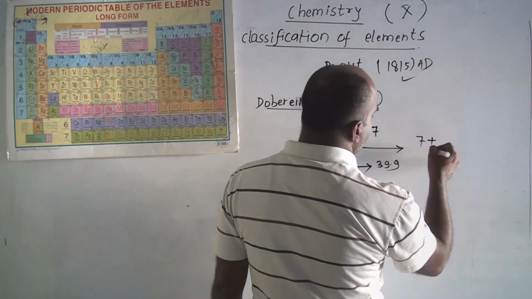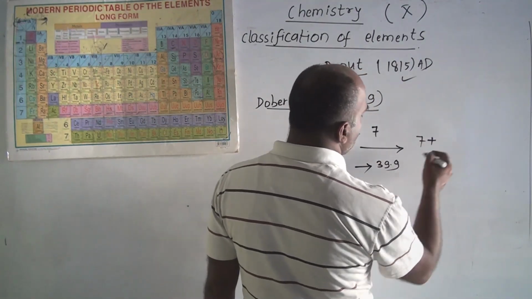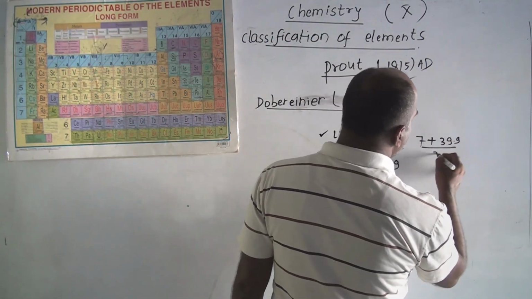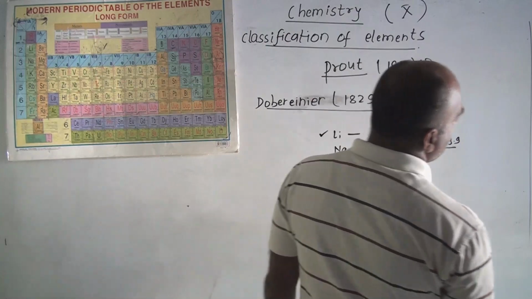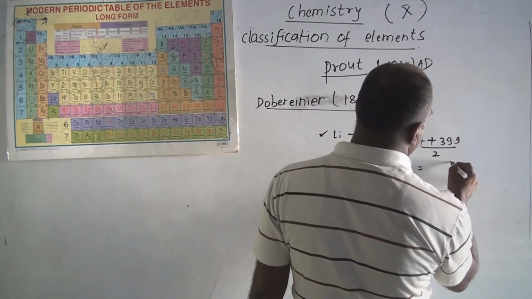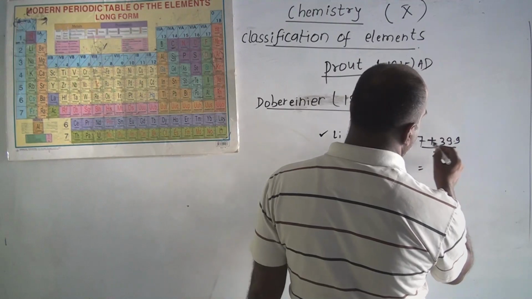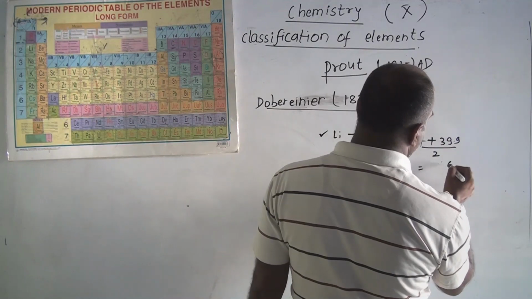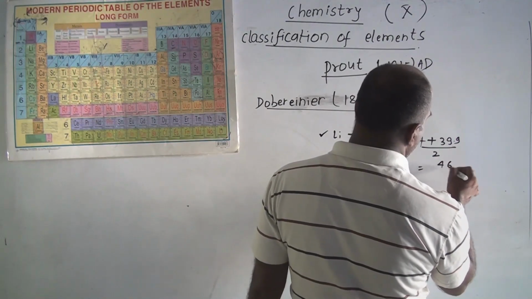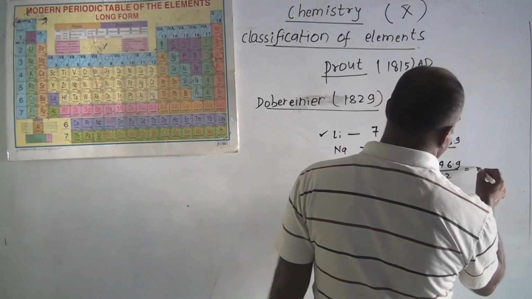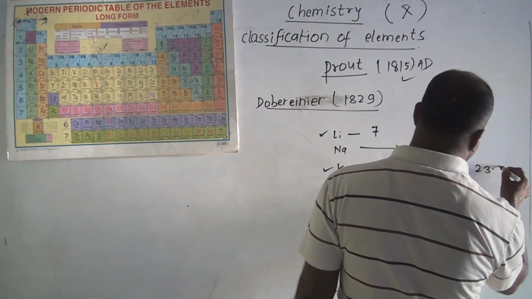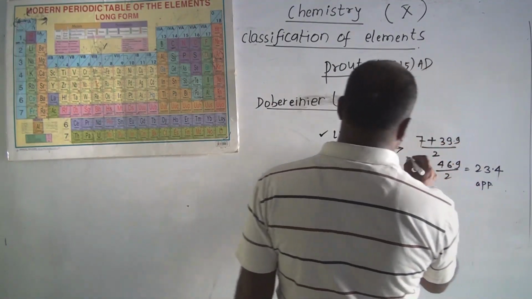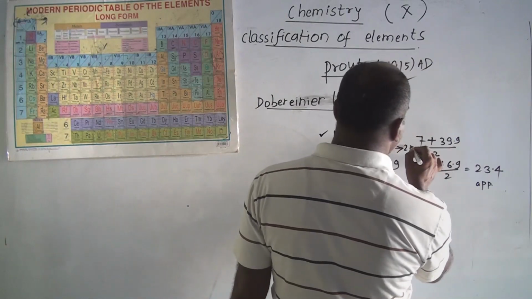If we take the arithmetic mean, just like 7 plus 39.9 by 2, this is equal to 23.4. This is the approximate atomic weight of sodium.